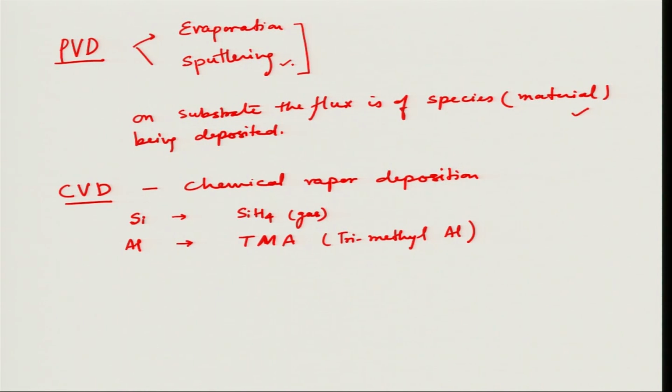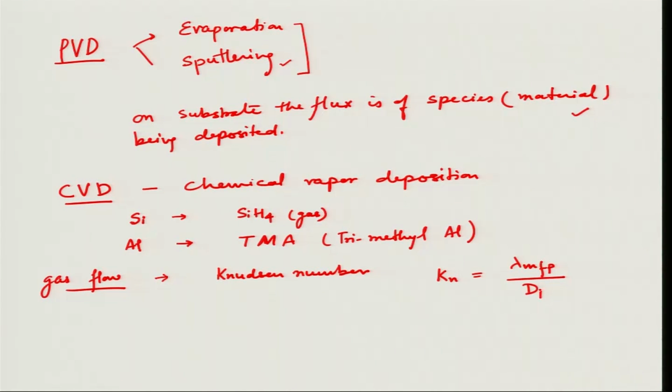Now, if you recall, gas flows can be classified based on a number known as the Knudsen number. This Knudsen number, Kn, is defined as the mean free path at that pressure of that gas divided by the largest dimension of the system in which they are kept.